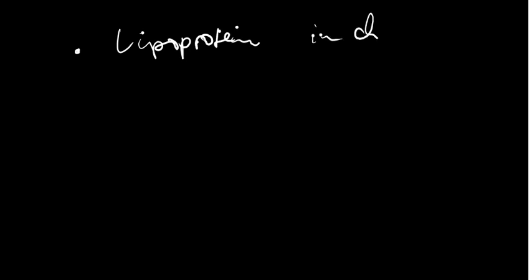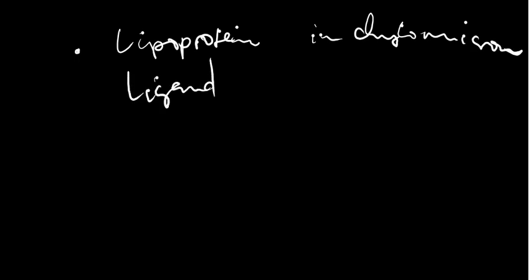I'll draw just a quick diagram so that you're able to understand what I'm talking about. The protein component of the lipoprotein in the chylomicrons serves as a ligand. And we know that the ligand is like a receptor; it enables the picking up of signals when there is a hormone available.